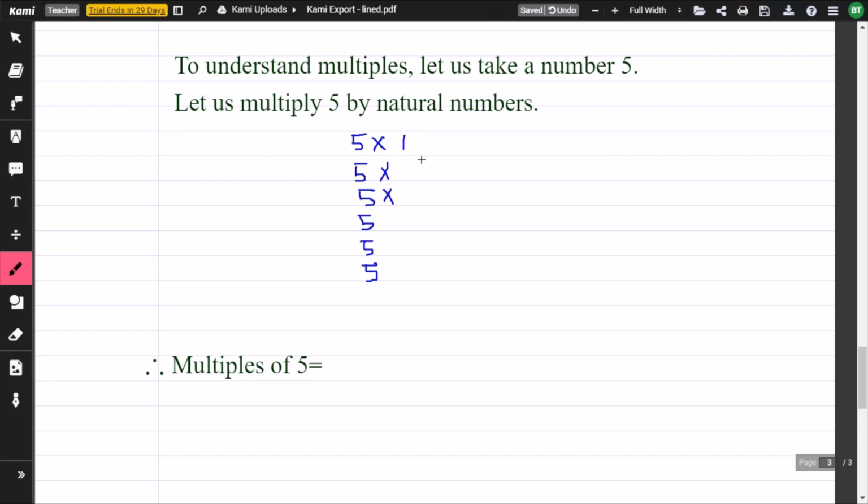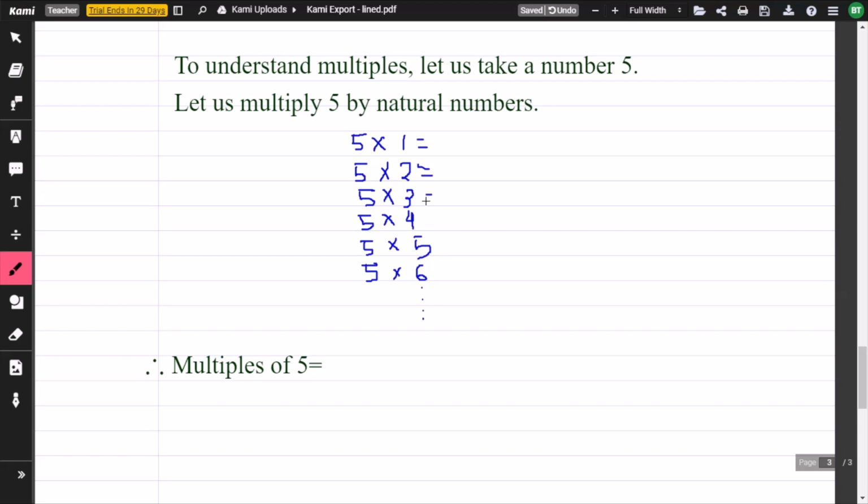So 5 times 1, 5 times 2, 5 times 3. After 3, the next natural number is 4. So 5 times 4. After 4, the next natural number is 5. 5 times 5. After 5, the next natural number is 6. So this list will go on.